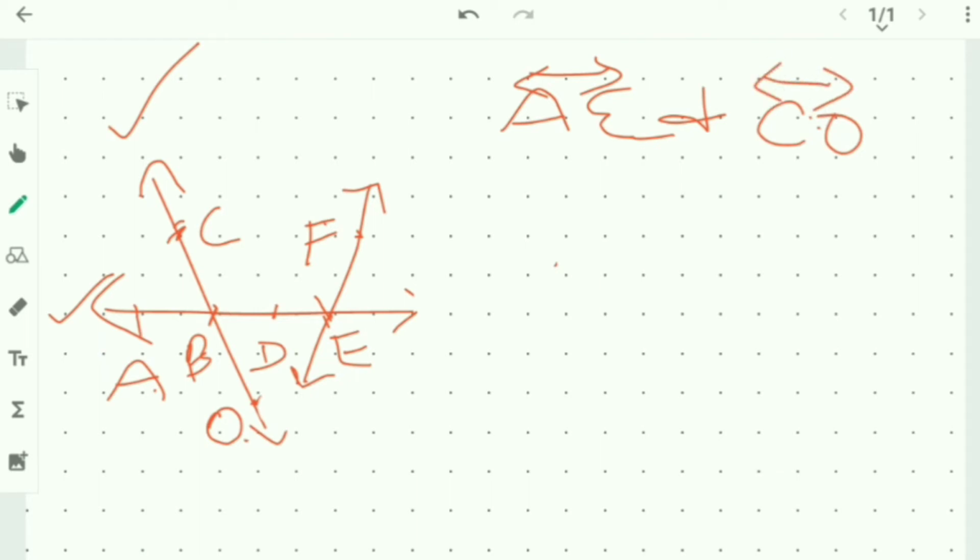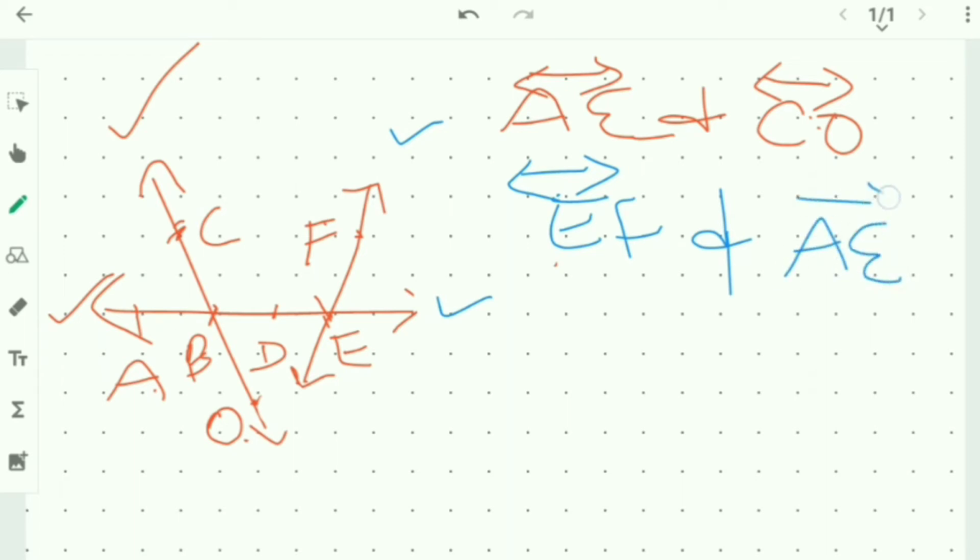The other pair is this one and this one. So you'll be writing it as EF and AE. Okay, I hope this is clear.